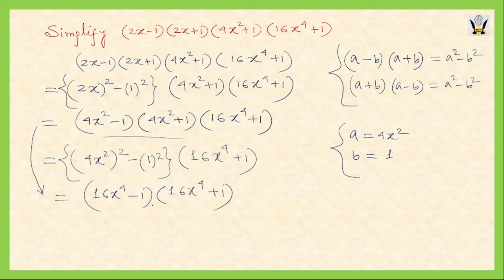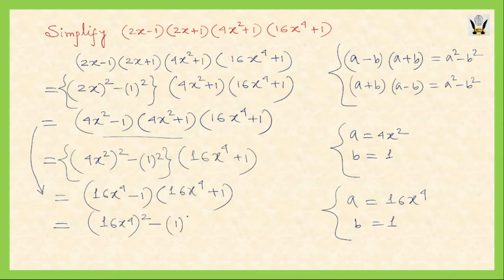Again we have this format, a minus b, a plus b. Only difference is in this case our a is 16x to the power 4 and b is again 1. So we can use this identity and directly write a square minus b square. So it will be 16x to the power 4 whole square minus 1 square.